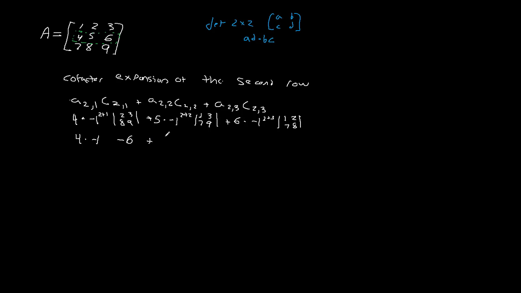So we're going to add to that 5 times -1 to the 4th power, which is 1. And then the determinant of this matrix here is -12. Again, I'm just applying this equation, AD minus BC, to this 2 by 2 matrix here.